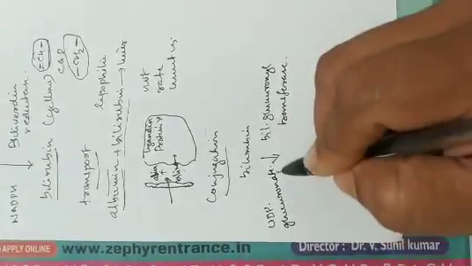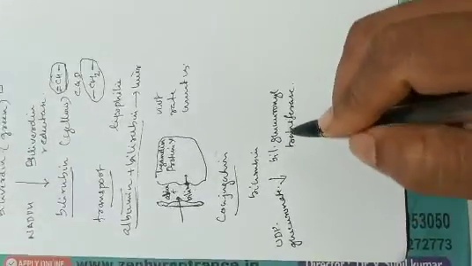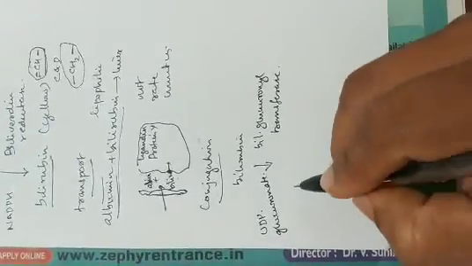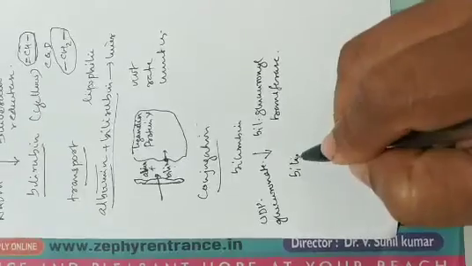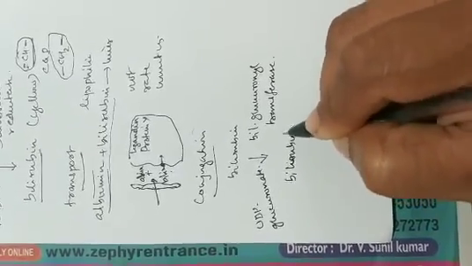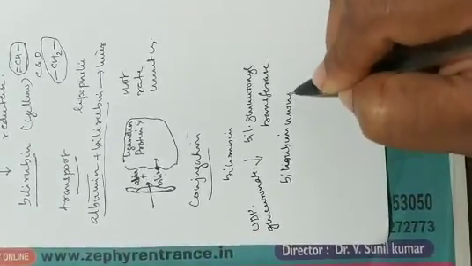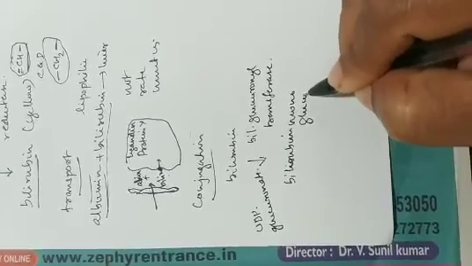Bilirubin accepts a glucuronide from UDP glucuronide with the help of bilirubin glucuronyl transferase enzyme, and it forms bilirubin monoglucuronate.